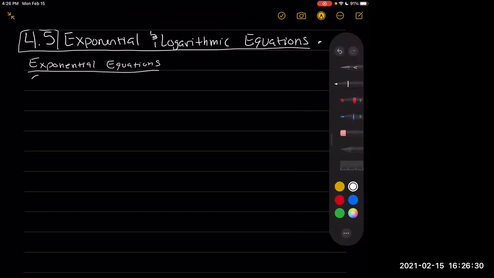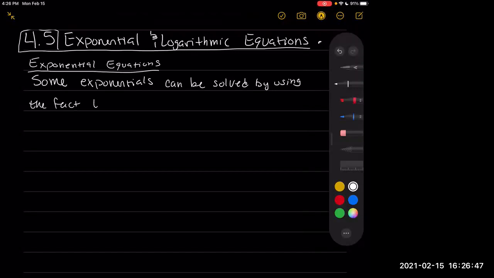So some exponentials can be solved by using the fact that exponential functions are one-to-one.